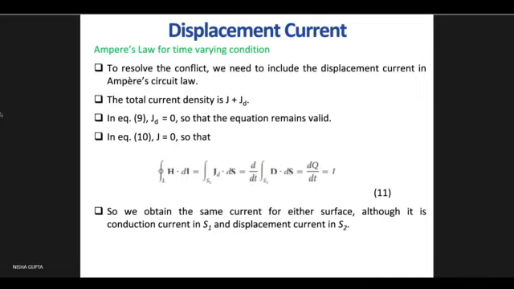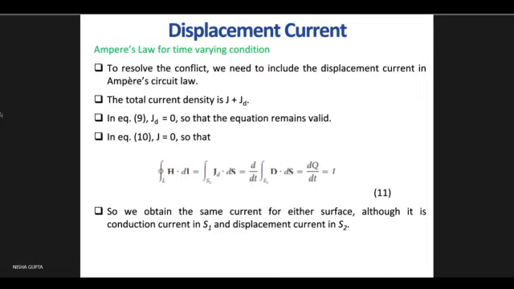If we take a surface enclosing only the wire, I enclosed is equal to I, but in the second case, with a balloon shaped surface enclosing the capacitor, I enclosed becomes equal to 0 because there is no conduction current. So it is a conflicting statement. To resolve that problem, we now add a term JD.